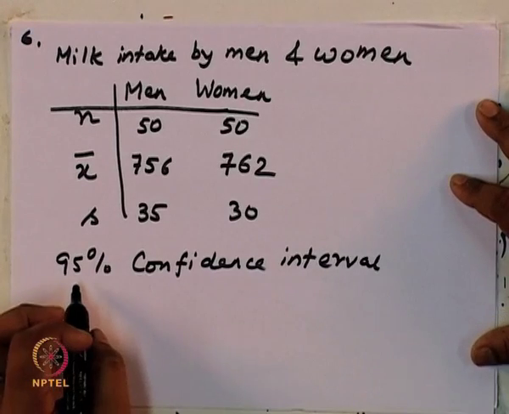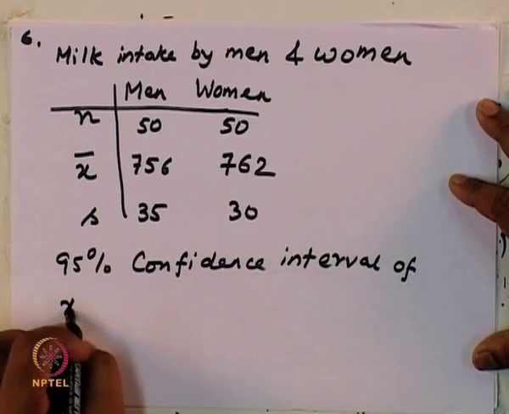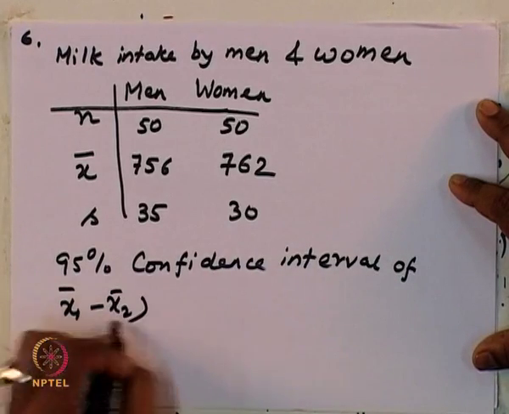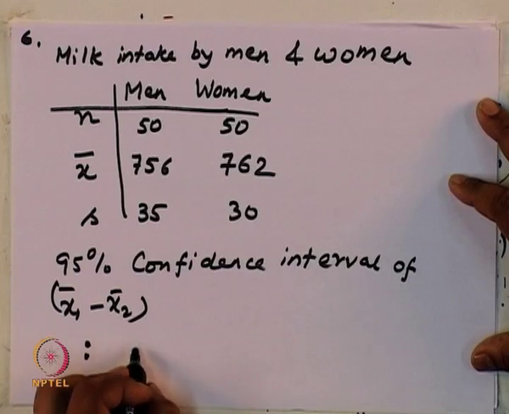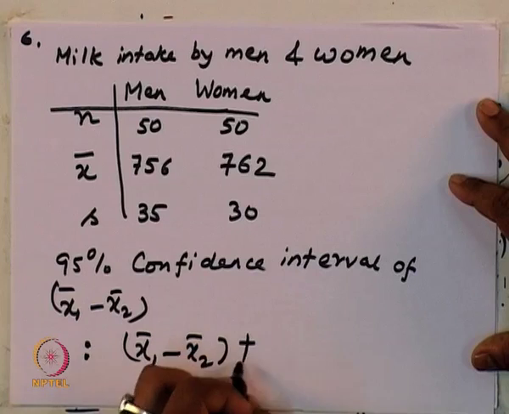for x 1 bar minus x 2 bar, and this confidence interval is given by x 1 bar minus x 2 bar plus minus.